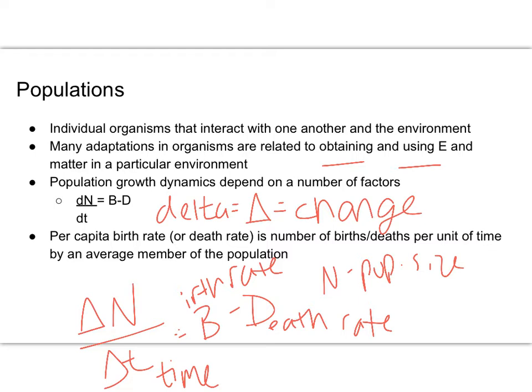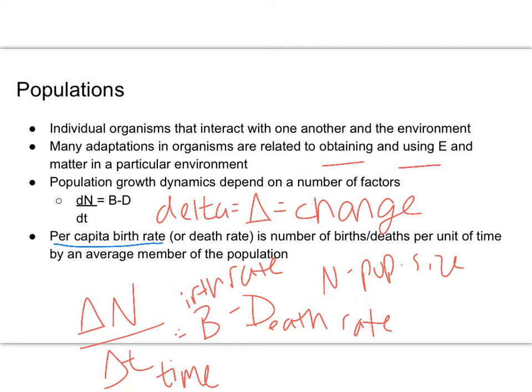You will also talk about what's called our per capita, we're going to do examples with these. Our per capita birth rate or death rate, you can do it either way. The basics of what it means is the same when we talk about per capita. Our per capita birth rate or death rate is going to be your number of births or deaths per unit of time by an average member of the population.